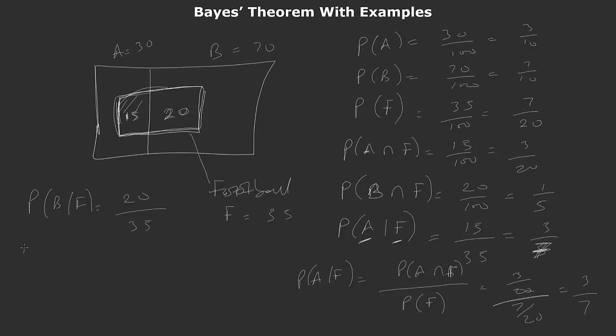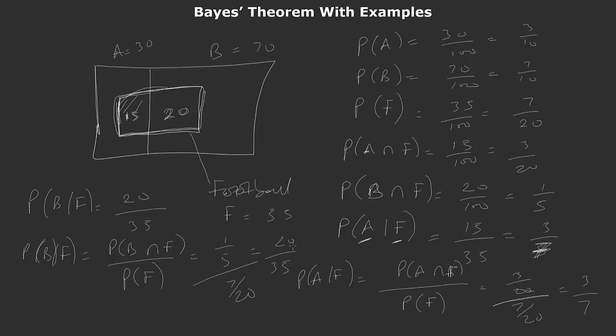And you can prove this by using the formula: the probability of B given F is equal to the probability of B and F occurring at the same time, divided by the probability of F. And that will be 1 over 5 divided by 7 over 20, and that will give 20 over 35.